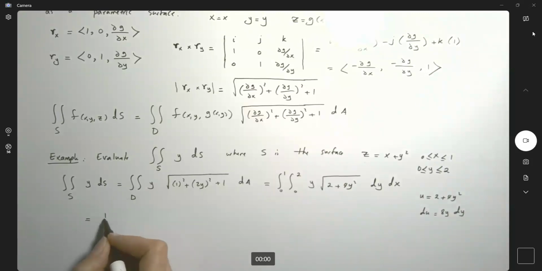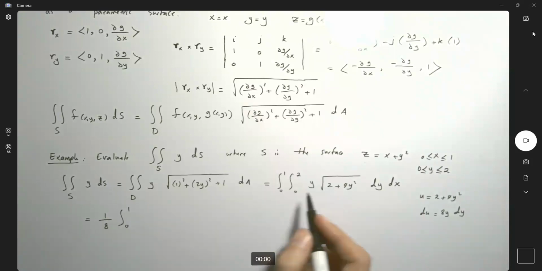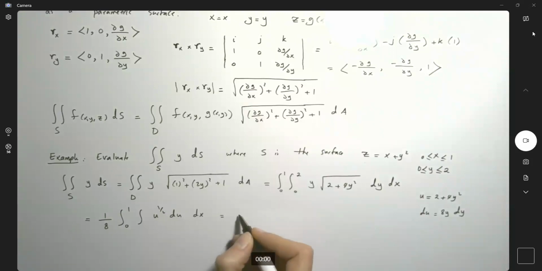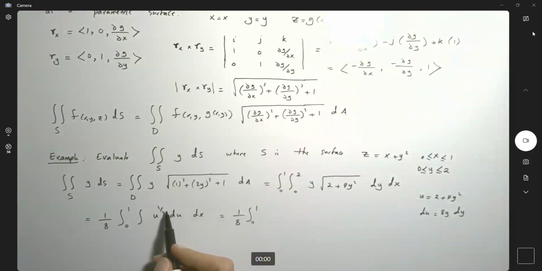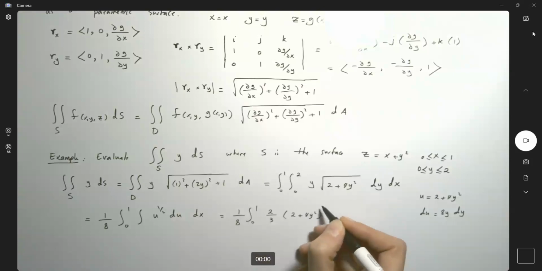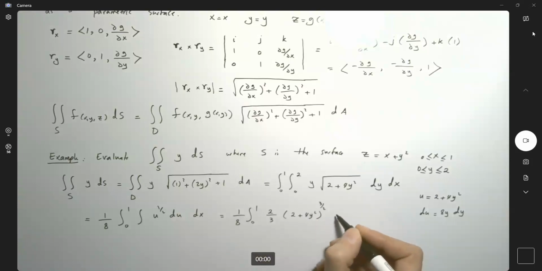So you get 1 over 8, integral 0 to 1, and here you have the integral of u to the half du dx, which gives you 1 over 8, integral 0 to 1, and here you have plus 1, so you get 3 halves, 2 thirds, and your u, which is 2 plus 4y squared, to the 3 halves, and your y is bounded between 0 and 2, then dx.